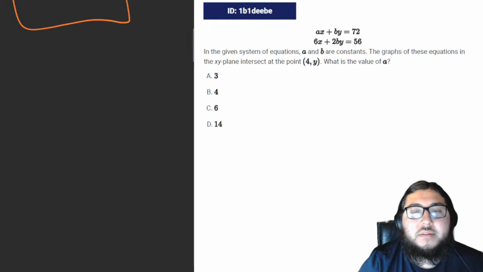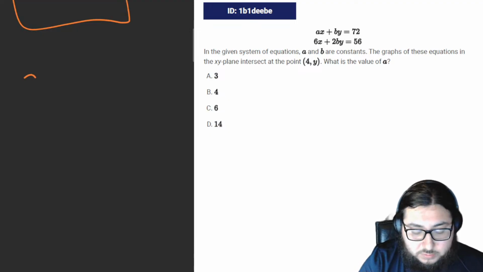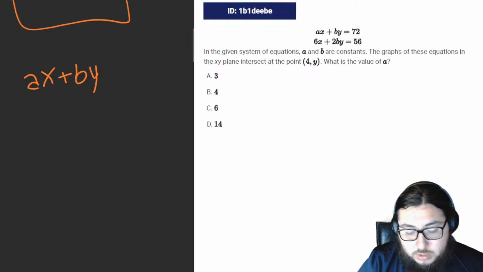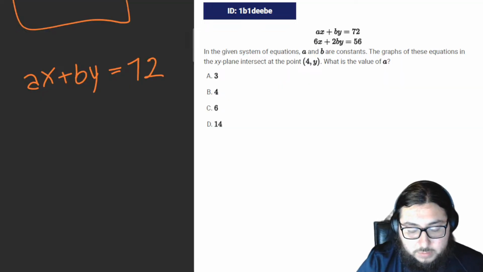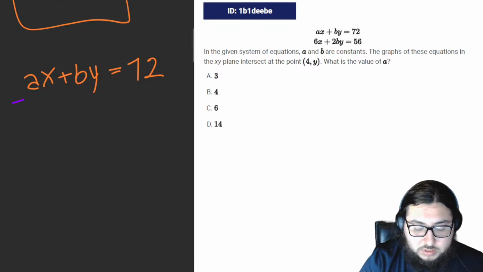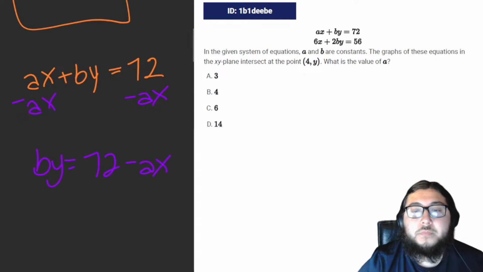B times y is equal to whatever. So first we have ax plus by is equal to 72. And at the end, I'll explain why we chose by instead of just y equals mx plus b. So to solve for by, we subtract ax on both sides, and we get that by is equal to 72 minus ax.